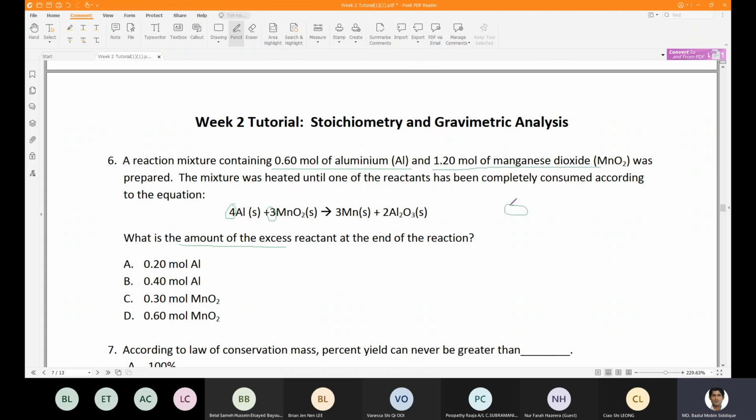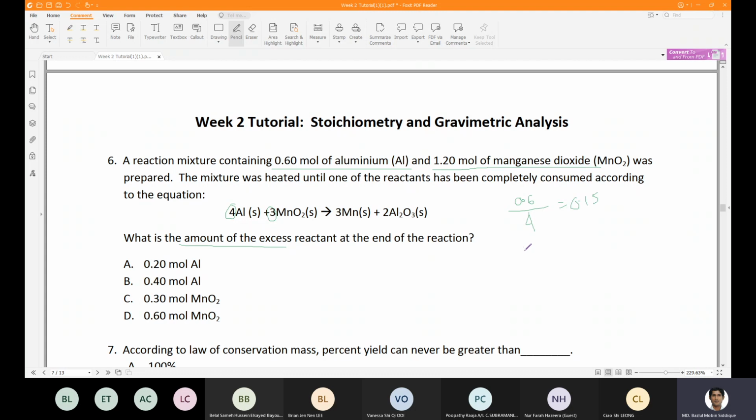So what I'll do is, I want to know which one is the limiting reactant. So I will divide 0.6 with what? With 4, divided by 4 to find out the ratio, and it is giving me 0.15.